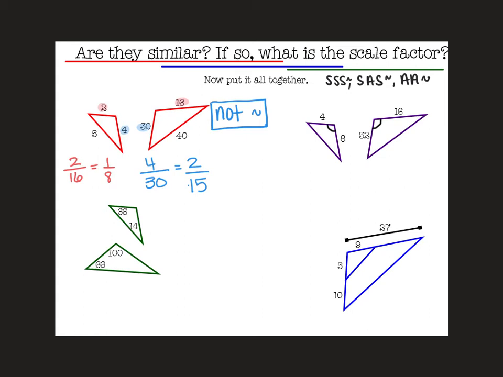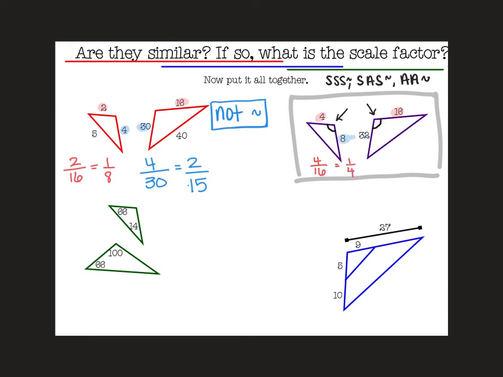Okay, going over here to purple. What shortcut should I check? Okay, so we're going to check side, angle, side. The angle part right here, already good to go. You just have to check the two sides. So smaller side is 4 and smaller side is 16. 4 over 16 is 1/4.